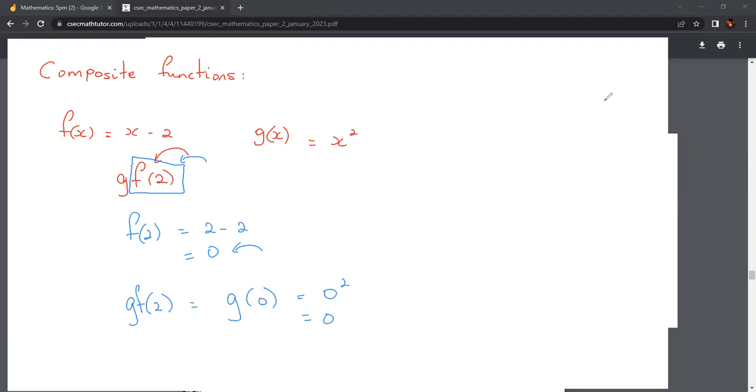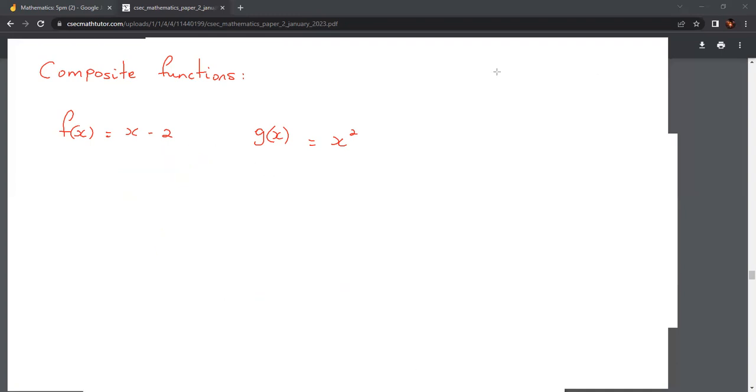Sure, I could try it with a number other than 0, other than 2, so you'll see it clearer. Let's say they gave us g of g of 3. My dominant is g, but remember, I have g of 3 here. So I could find out what g of 3 is.